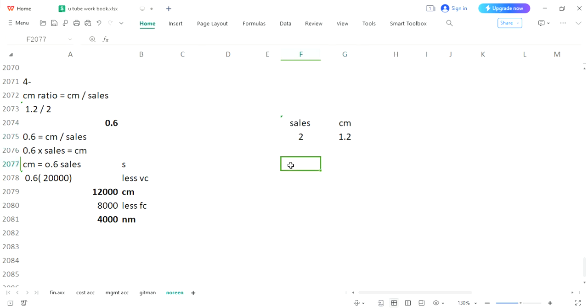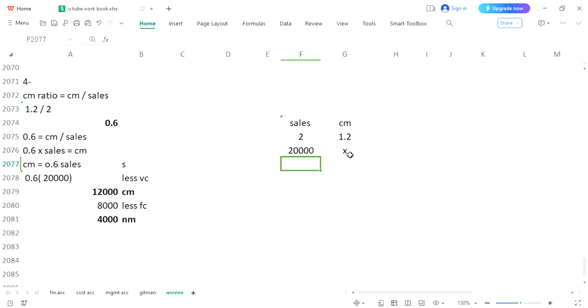What we are going to do is apply a very basic, very simple unitary method. Now sale is changed by 20,000, so put 20,000 over here. You want to know what change will come in contribution margin. This is the unitary method. Even a 5th-6th standard student can understand this. If sale is 2, your contribution margin is 1.2. And if the change in sale is 20,000, what change comes in contribution margin?